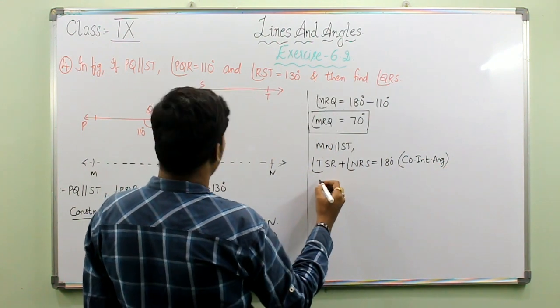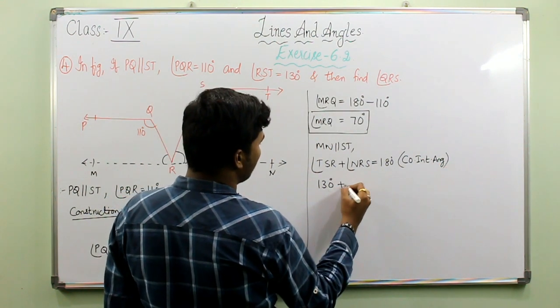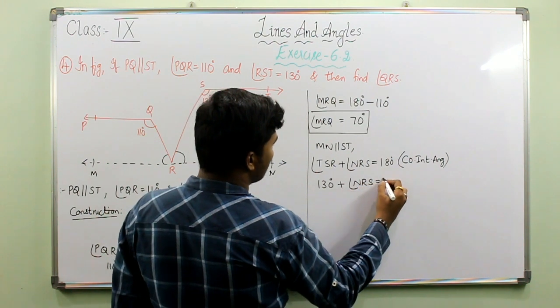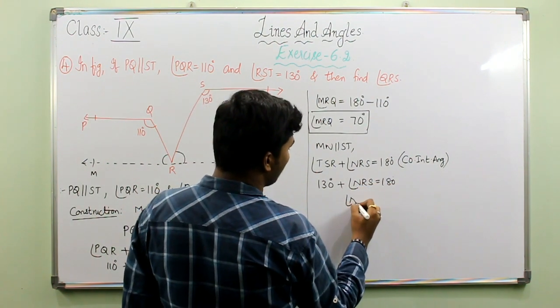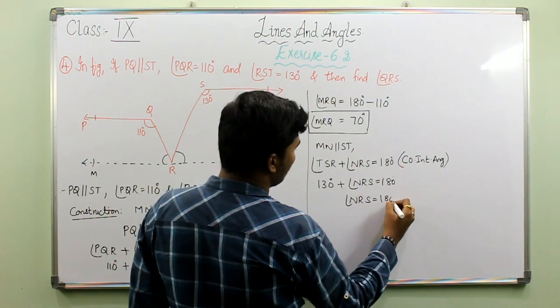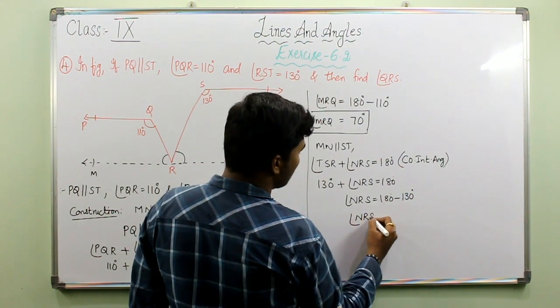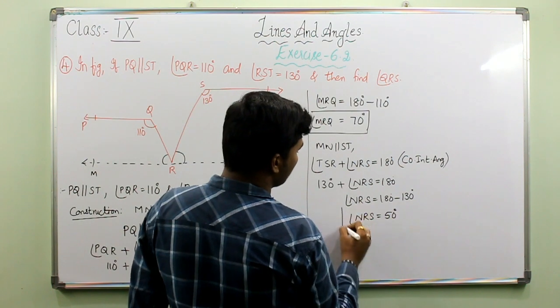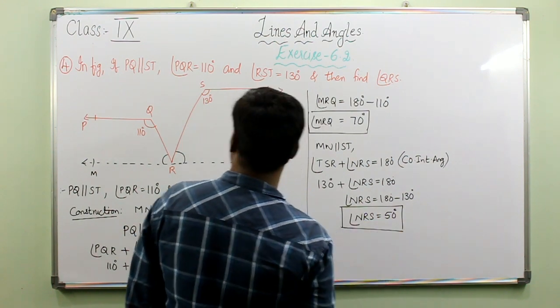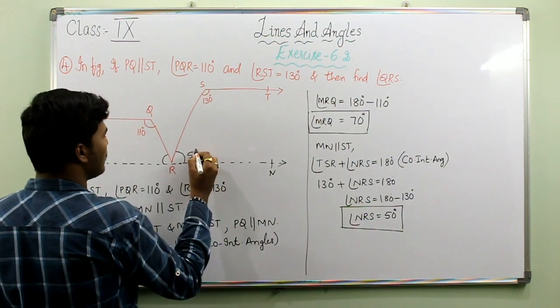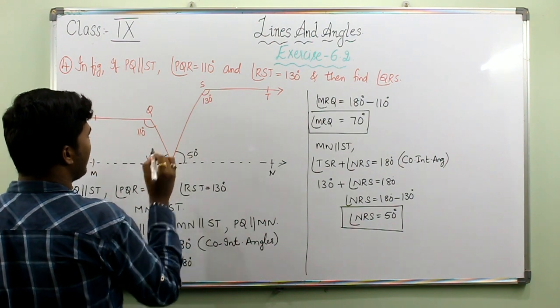That is, angle at the point S is 130 plus NRS is equal to 180. So from that, NRS is equal to 180 minus 130. So NRS is equal to 50 degrees. Now we have this as 50 degrees and this as 110 degrees.